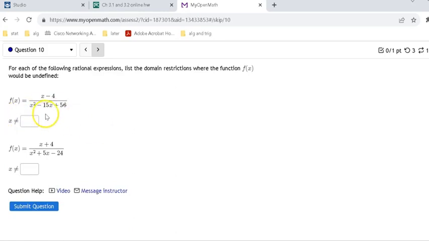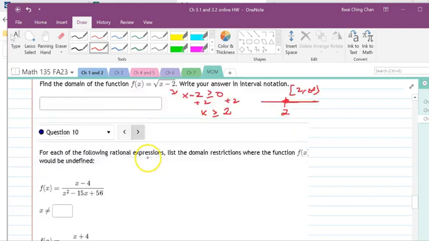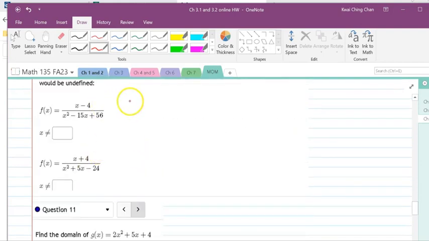So x cannot be what? Oh, I have to factor it first, right? Because I can't just look at the numerator, and because this is not secant of x minus 4, we have to look at the denominator. So this would factor as, multiply to 56, add to be negative 15.